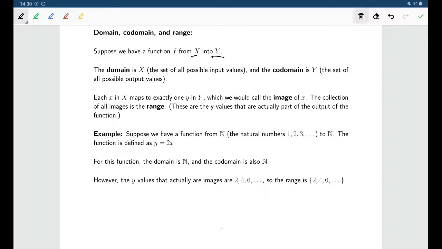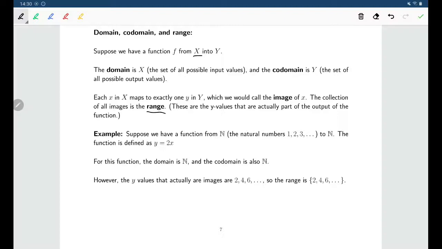That's the possible y values. Now, the y values that you actually do get as your output values for your x, those are the images of x. Those are the output values that we would actually observe for each of those values in that set x. We would call all those output values that we would actually see the range.